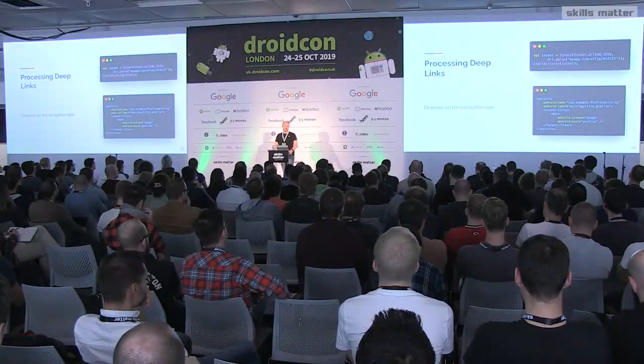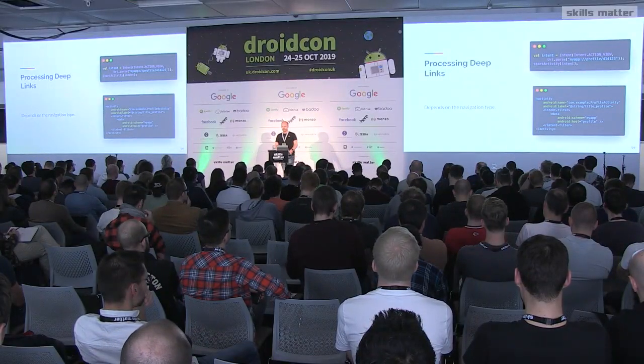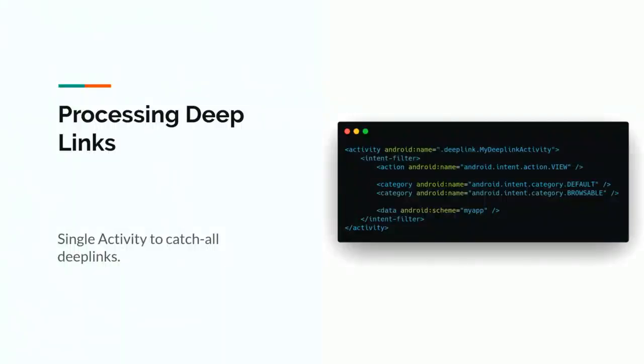We also need a host activity which defines an intent filter and parses the deep link. So moving towards a single activity application, we have to process the deep link on our own, which means we need a single activity that can handle all deep links that are targeted towards our application.